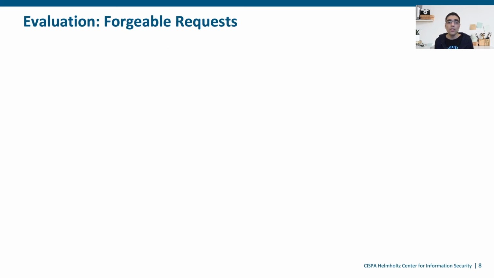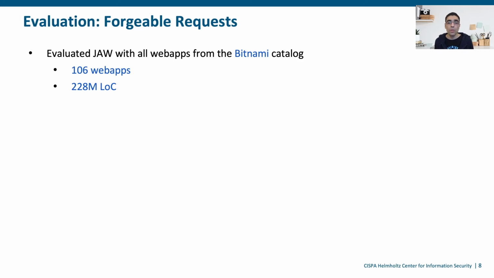Coming to the evaluation, our main questions are the prevalence of client-side CSRF vulnerabilities in web applications, and identifying the degree of attacker control on forgeable requests and types of possible exploitations. As such, we evaluated JAWS with 106 web applications from the Bitnami catalog, accounting for over 228 million lines of JavaScript code.